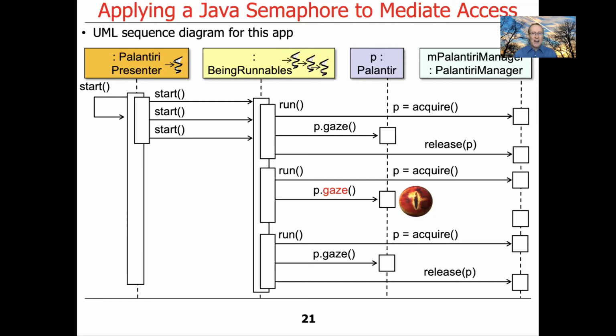If it wasn't fair, then as soon as one thread got done gazing and turned around and tried to acquire the Palantir again, it might get it again, which wouldn't be very fair, because one being would end up being given priority to always gaze, and some other poor being would be starved from being able to gaze. So that's another reason we choose FIFO here, so that everybody gets a fair shot at gazing. And of course, when that thread is done, it'll go ahead and release it as well.